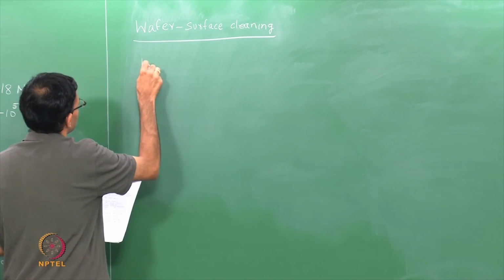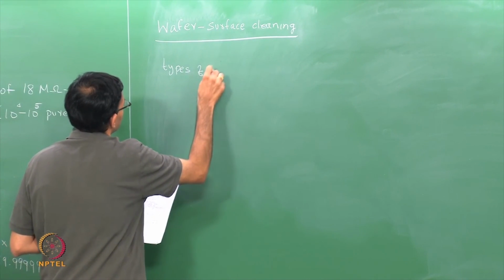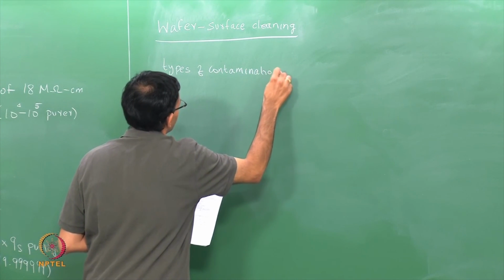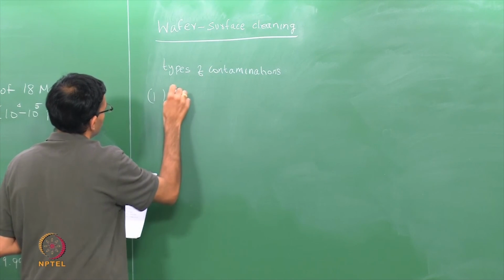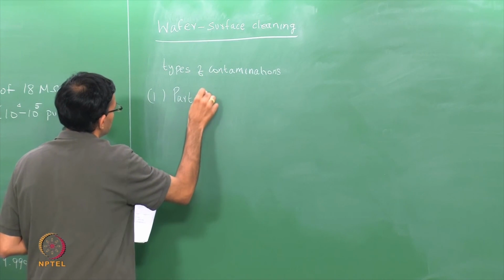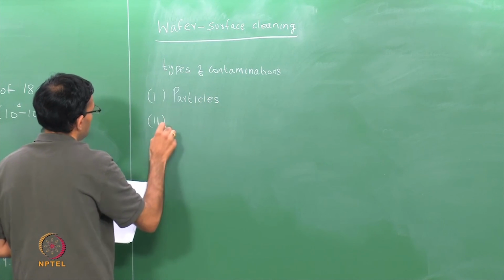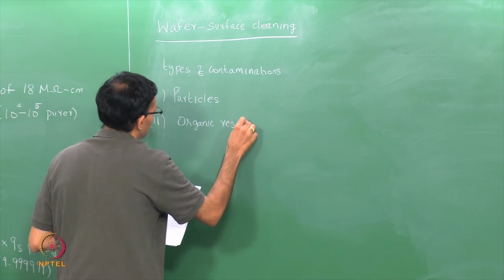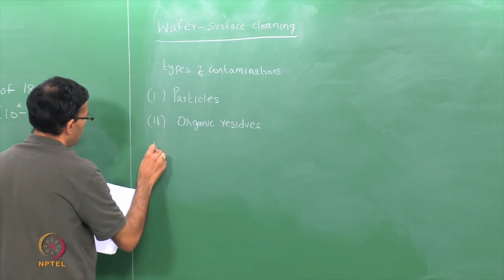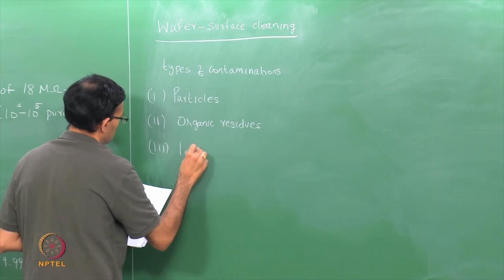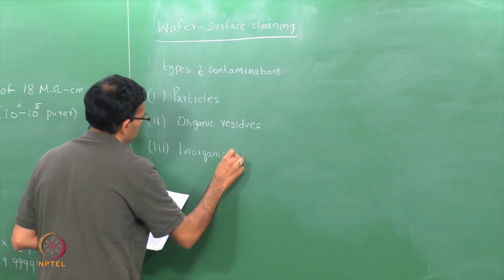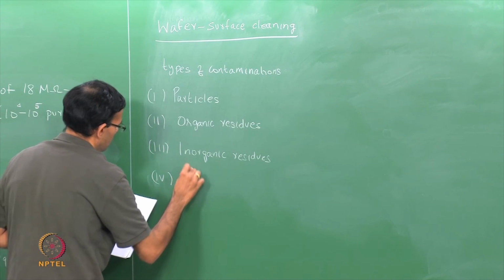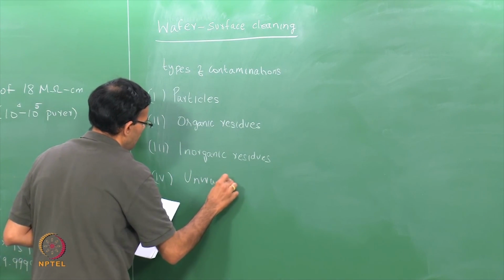So, some of the types of contaminations can be particles, organic residues. These essentially come from the chemicals that are used. You can also have inorganic residues, and unwanted oxide layers. So, typically these are silicon dioxide layers.